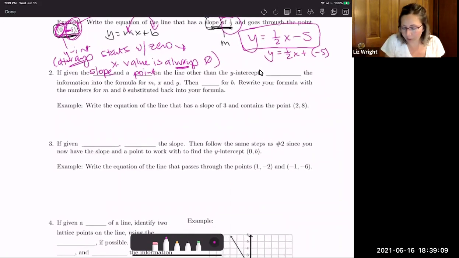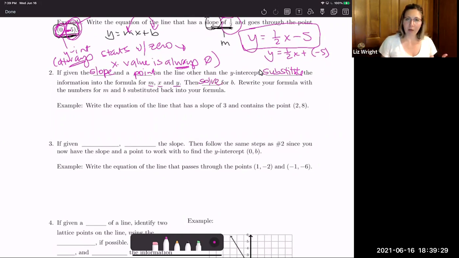So then we are going to substitute the information into the formula, this time for m, x, and y. Look at how that's different. We're not going to sub anything in for b yet because that's our next step. Then we have to solve for b.